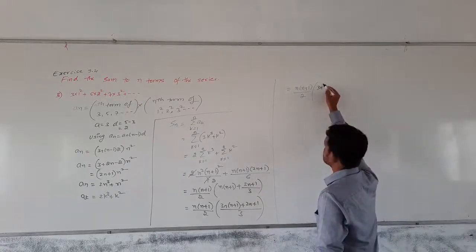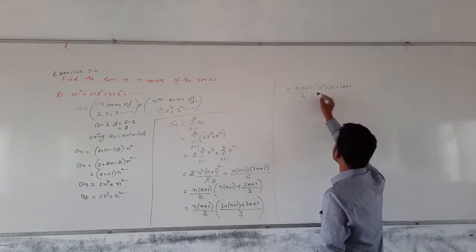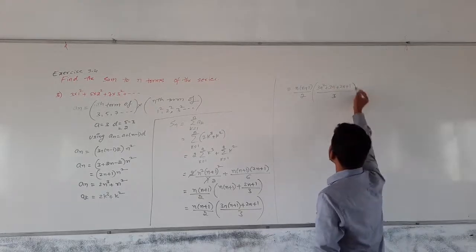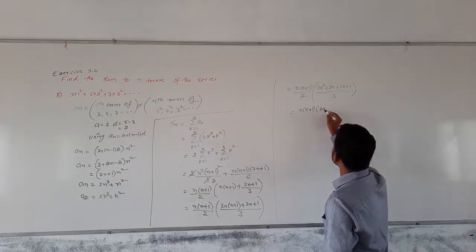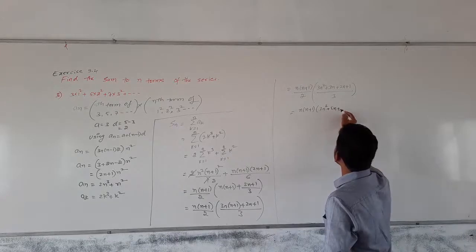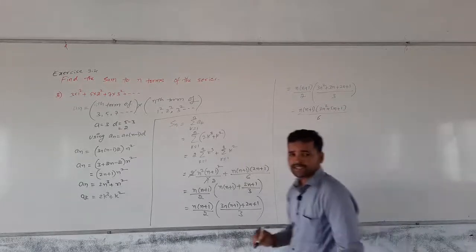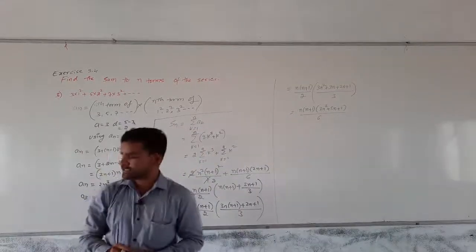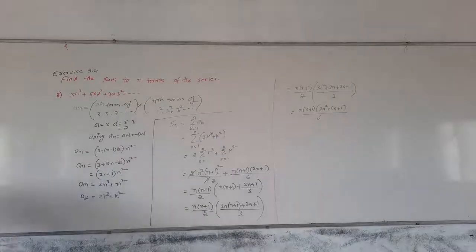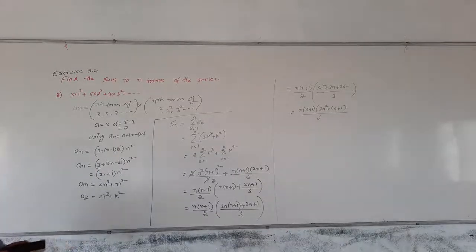This is 3n square plus 3n plus 2n plus 1 whole divided by 3. n into n plus 1 into 3n square plus 5n plus 1 whole divided by 2 into 3, 6. This is the sum of first n terms of the special series. With this, problem number 3 completed.